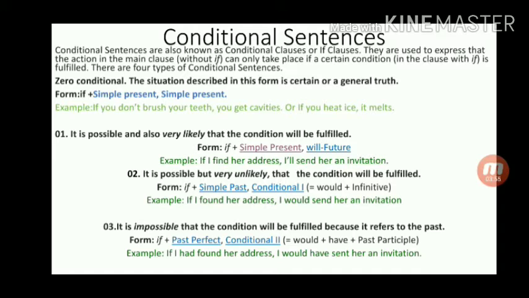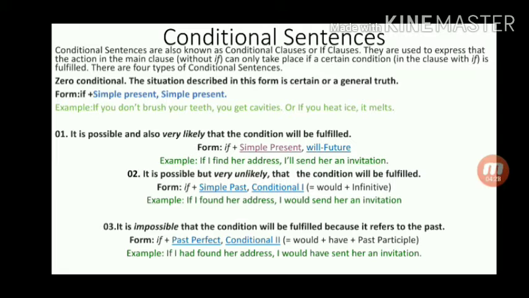As you can see in the example, "If you don't brush your teeth," if plus simple present tense, comma, the main clause, "you get cavities." This conditional sentence describes a general truth: the action of the main clause depends upon the condition put in the if clause.